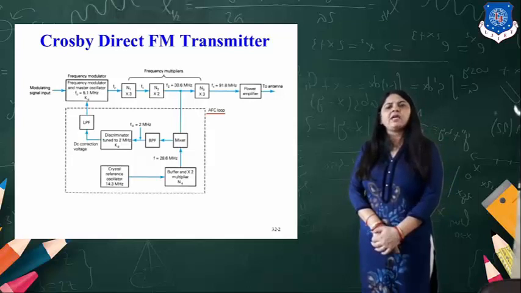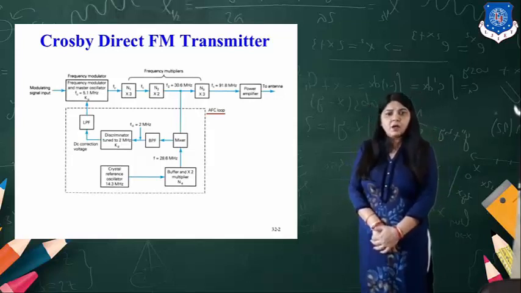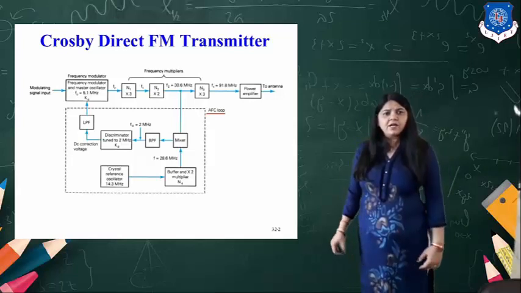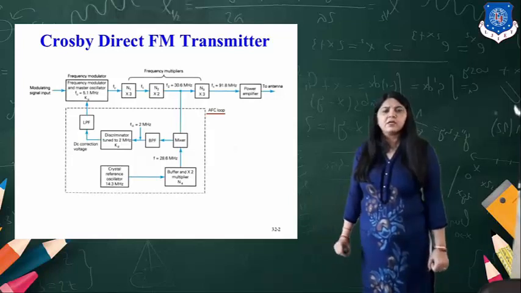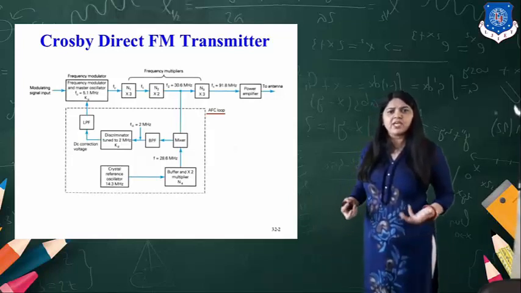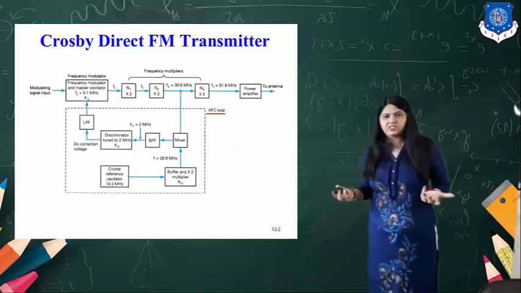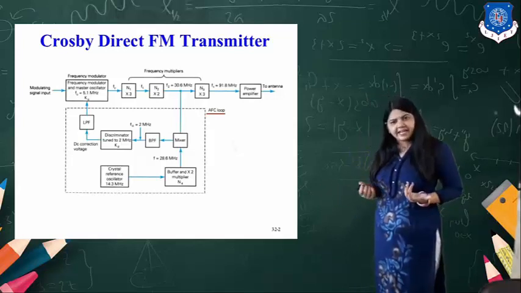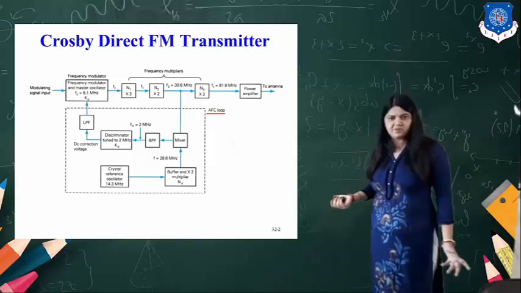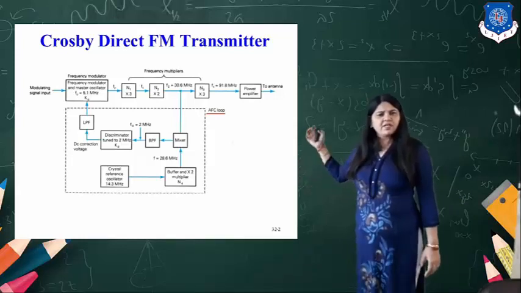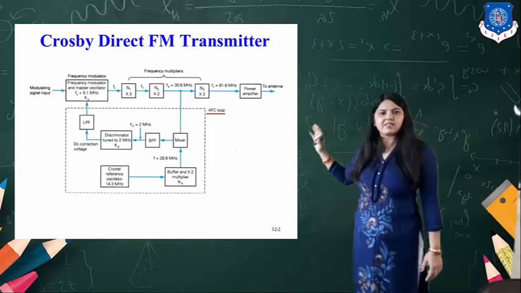We could also go for the use of a crystal oscillator, but here we are not able to use it, because if we want to change its frequency, it cannot be changed. That can affect the performance of the FM transmitter. So here we can go for the cross-bi-direct FM transmitter.